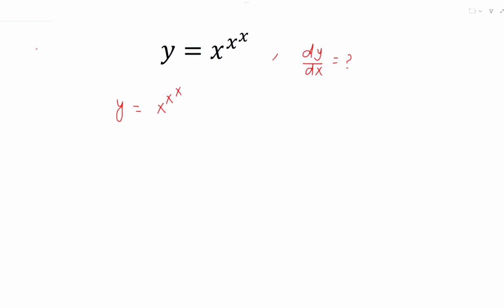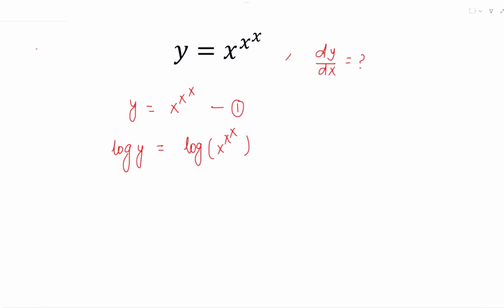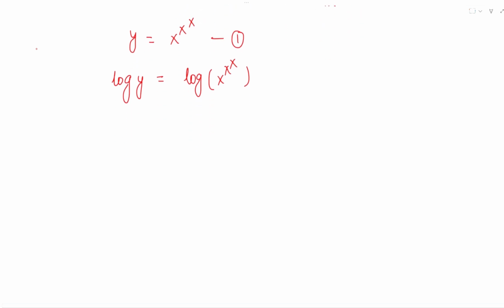Now taking log on both sides, this becomes log y equals log of x to the power x to the power x. Let's call this equation 1. Now we know the property of log: log a to the power b can be written as b into log a.